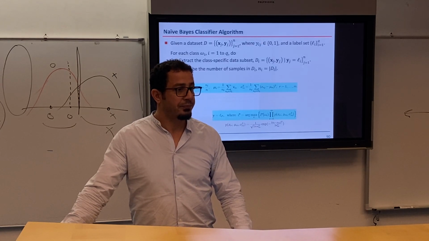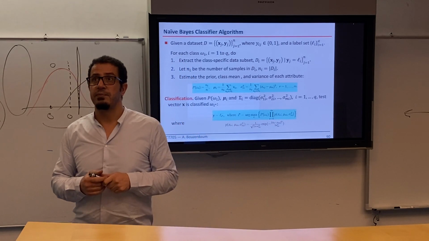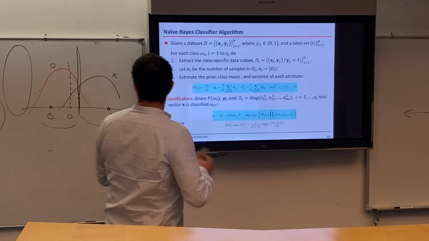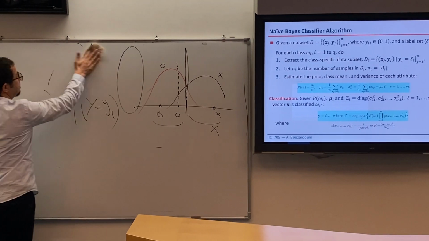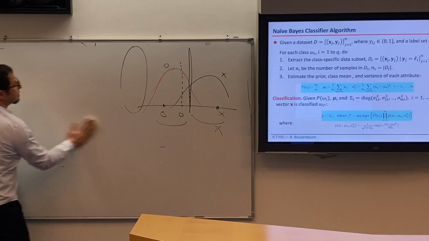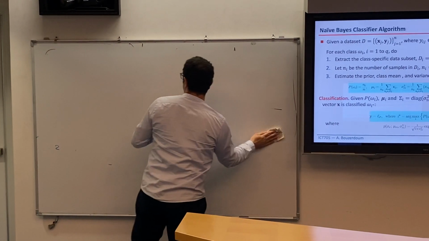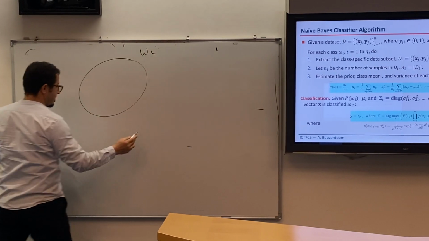Okay, look here. I have a class i, yes? What will be the size of the class i? From the slide. I have the class, this is class wi, right?